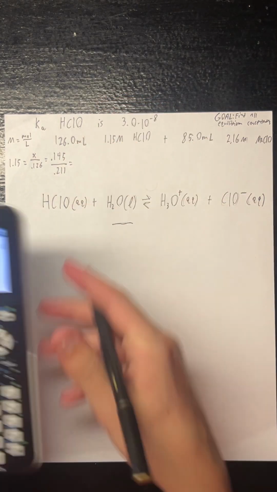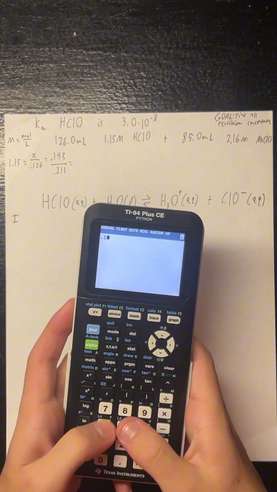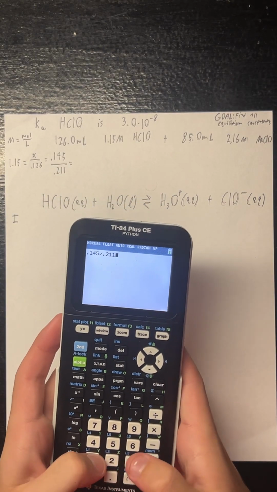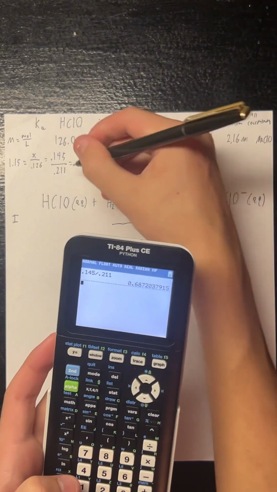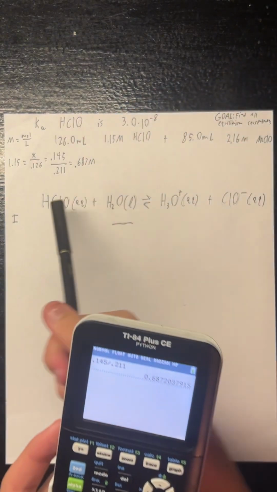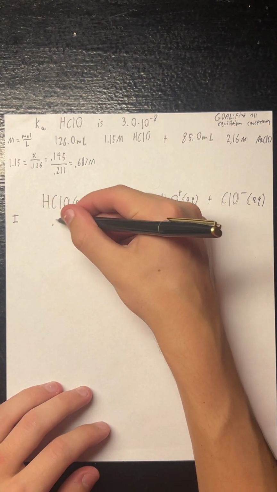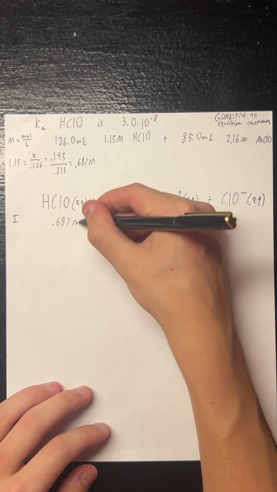This is our new molarity for HClO: 0.145 divided by 0.211 comes out to 0.687 molar. So our initial molarity for HClO is 0.687 molar.